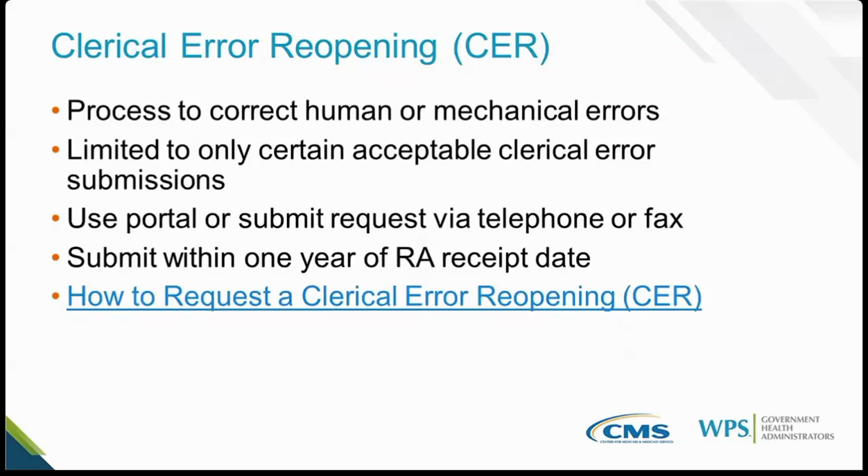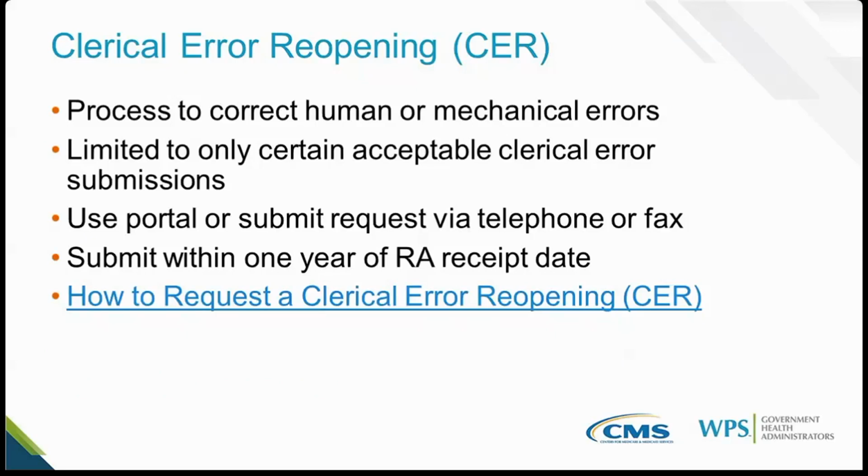All right, so let's talk now about whether you need to correct a claim or appeal the MAC's decision to pay or deny a claim. I'm going to talk a little bit more in detail now about the clerical error reopening, or that CER process that I mentioned. This is that process to correct human or mechanical errors.